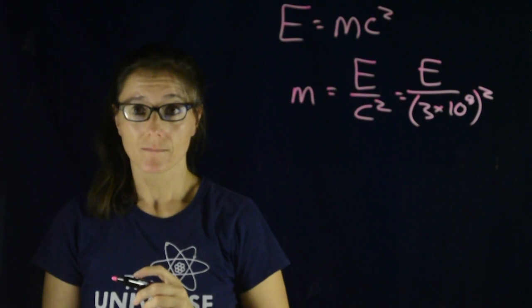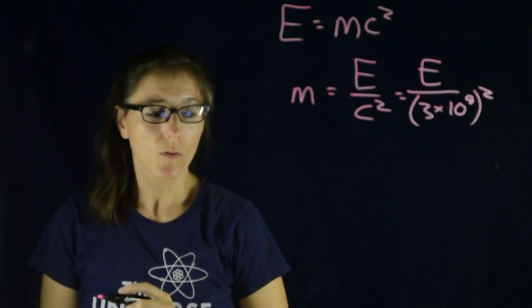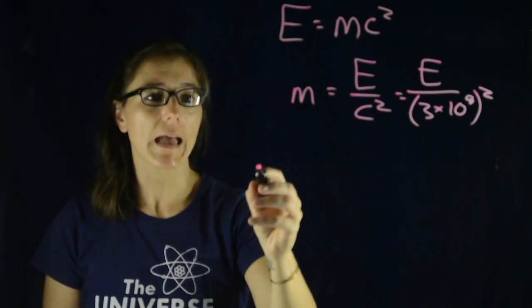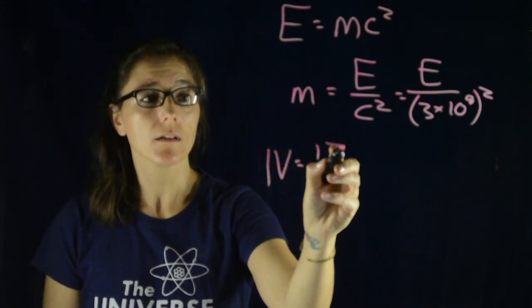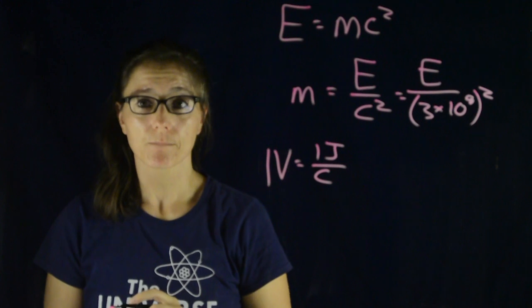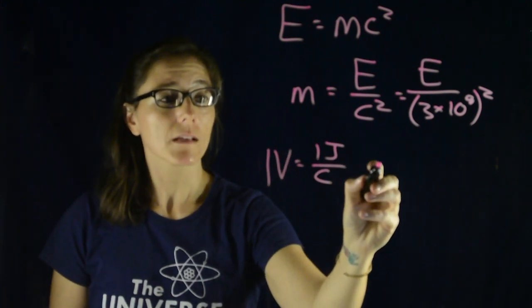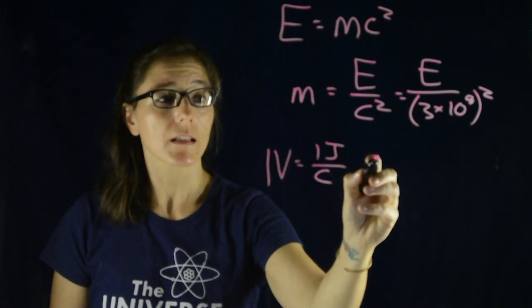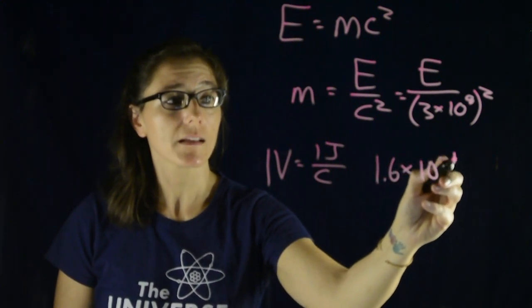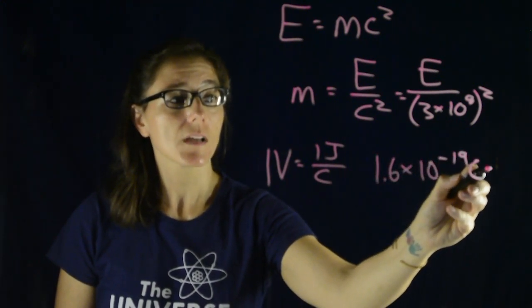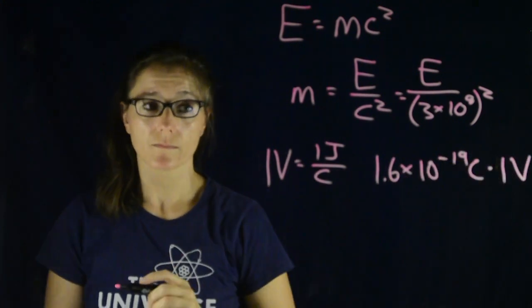squared. Okay, so what's an electron volt or a mega electron volt? What is that unit? We know that 1 volt is 1 joule per coulomb. So what is an electron volt? An electron volt is 1.6 times 10 to the negative 19th coulombs times 1 volt.